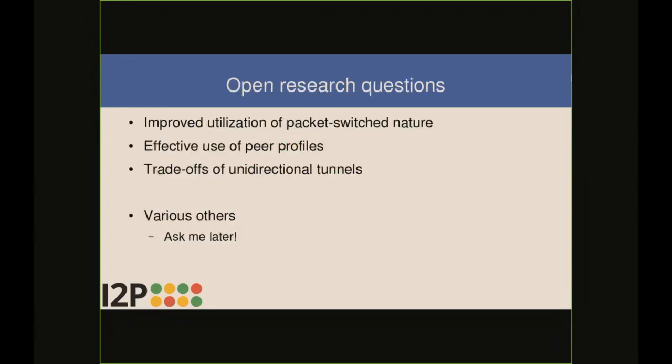In particular, I'd like to touch on three things that I feel are reasonably understudied or not really answered at all in the literature: A, utilizing I2P's packet-switched nature for more fun routing; B, the use of peer profiles, which I'll get to in a moment; and C, the trade-offs of unidirectional tunnels. If you're interested in anything else, I have a literal laundry list of to-do items for research, so feel free to ask me about anything later.